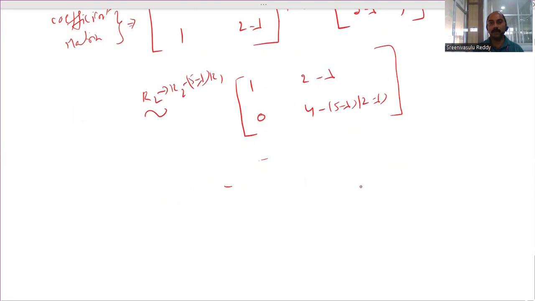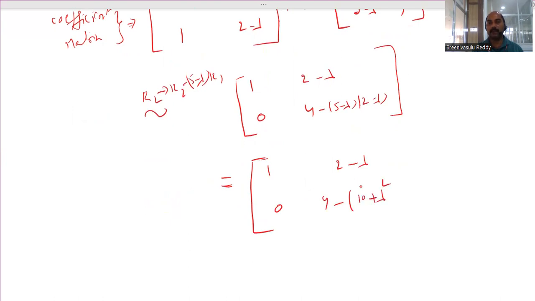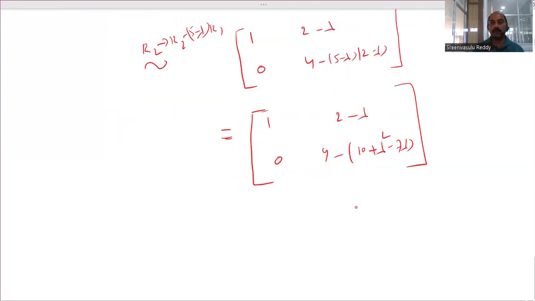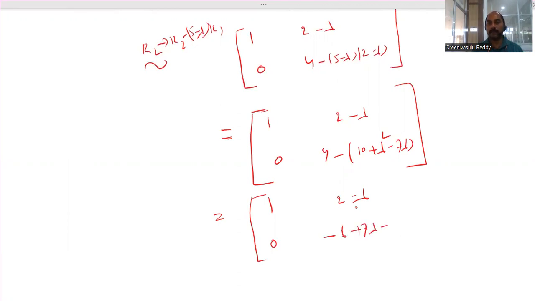Now it is better to simplify here. 1, 2 minus lambda, 0. What is this? 4 minus of 10 plus lambda square minus 7 lambda. Further simplify this. 1, 2 minus lambda, 0, minus 10 plus 4, minus 6 plus 7 lambda minus lambda square.